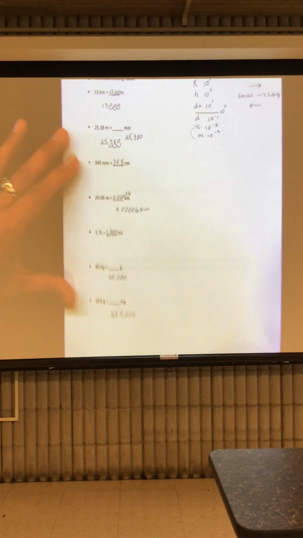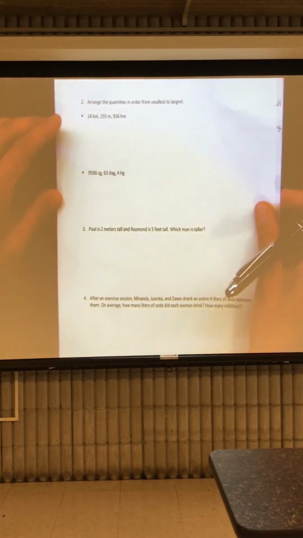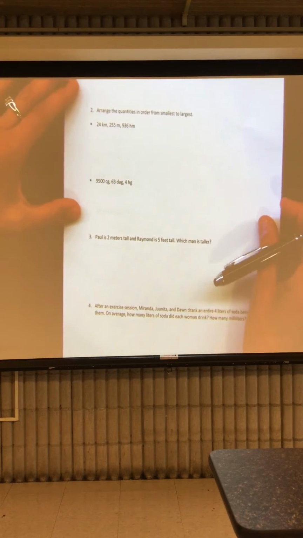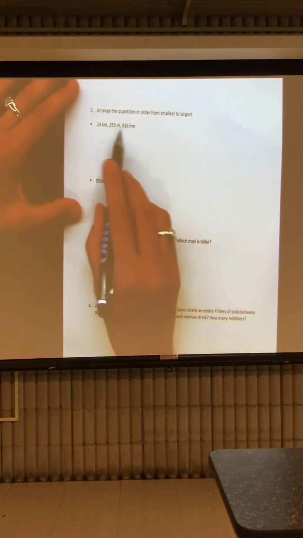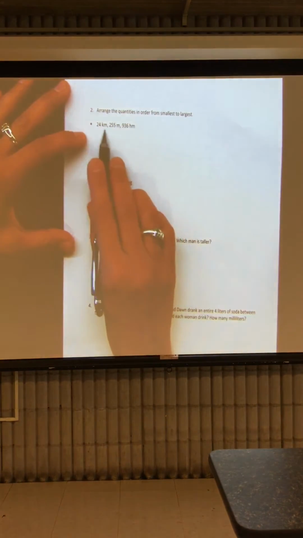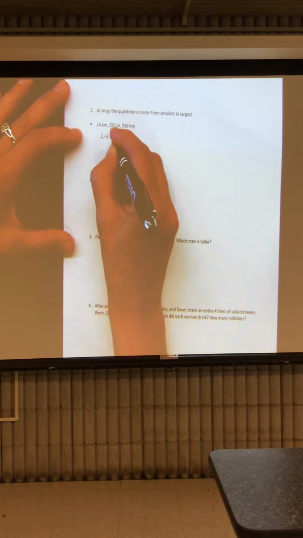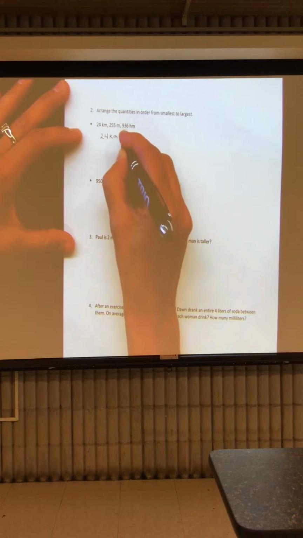Let us move to problem number 2. To arrange the quantities in orders from smallest to largest, we need to have them all in the same unit. So let's convert 24 kilometers into meters.